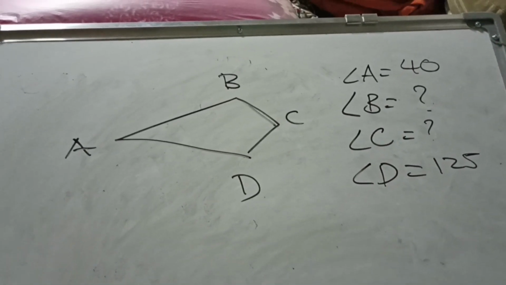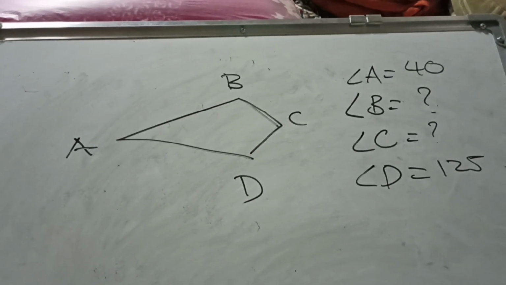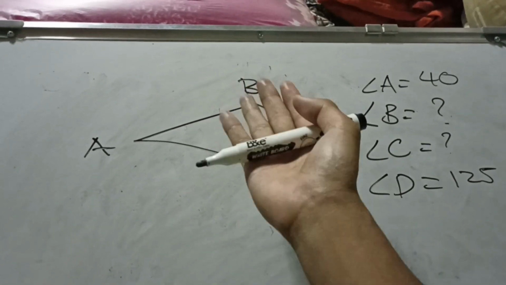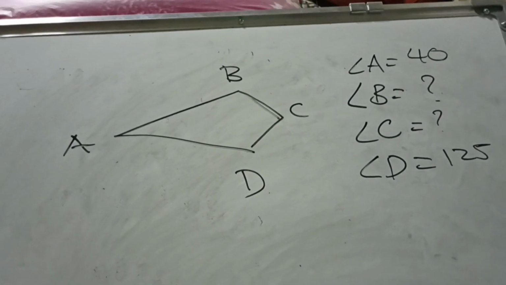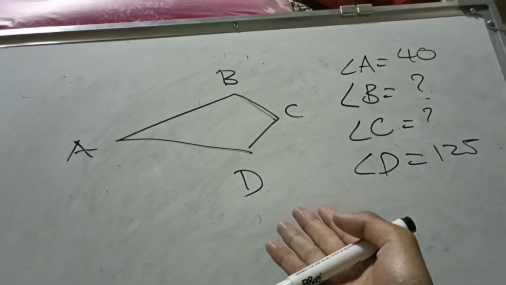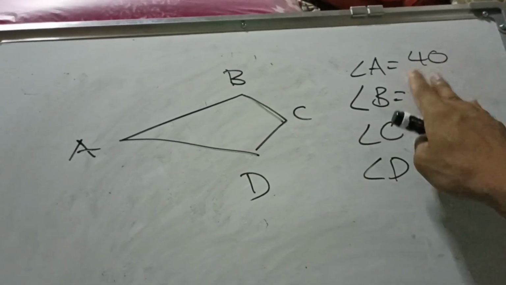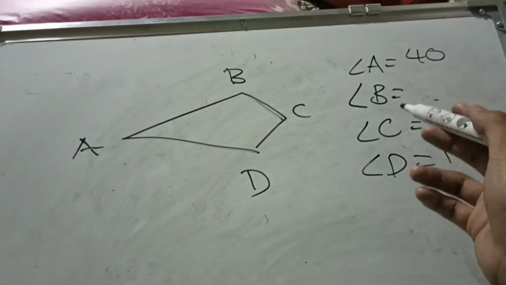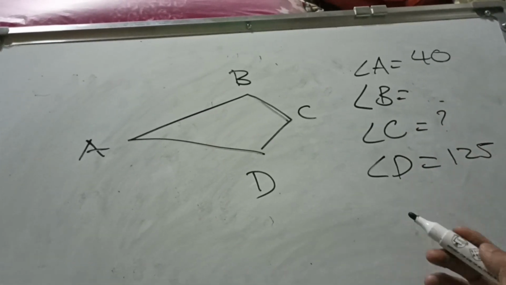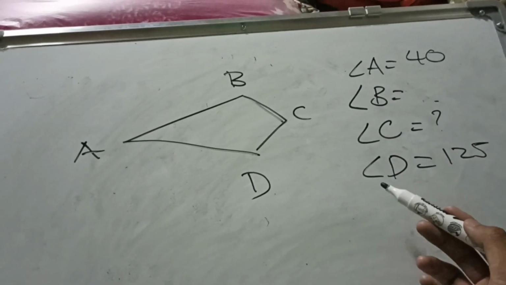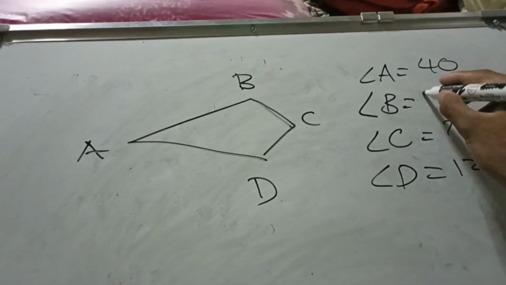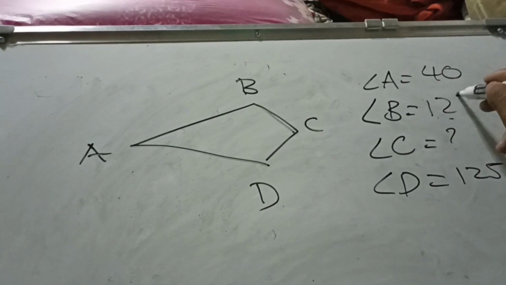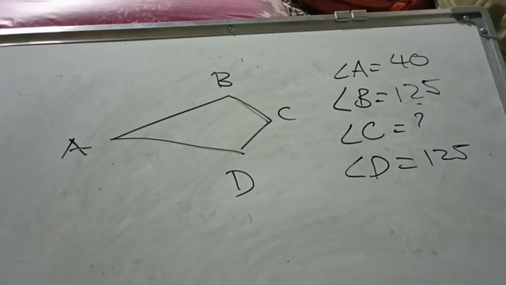So in the properties of a kite, we all know that angle D and angle B are congruent. So that means angle B is equal to 125 because angle B and angle D are congruent to each other, and angle D is equal to 125.